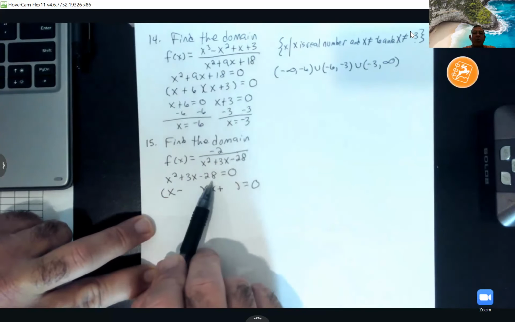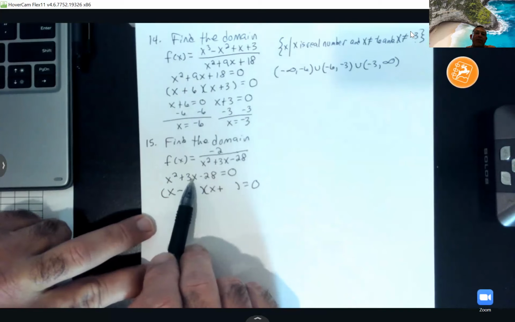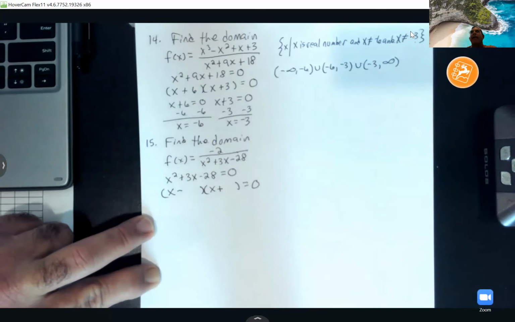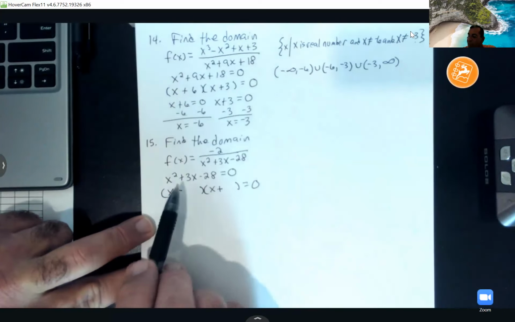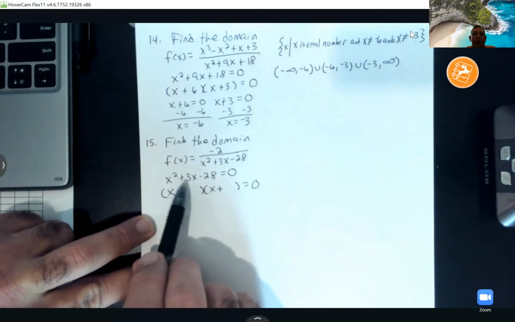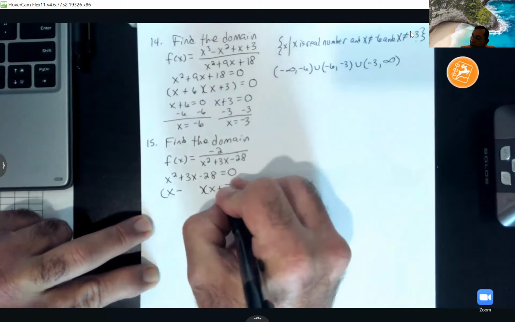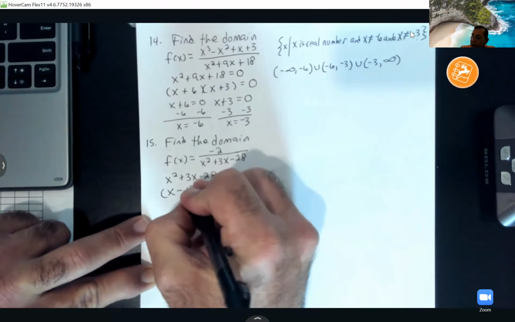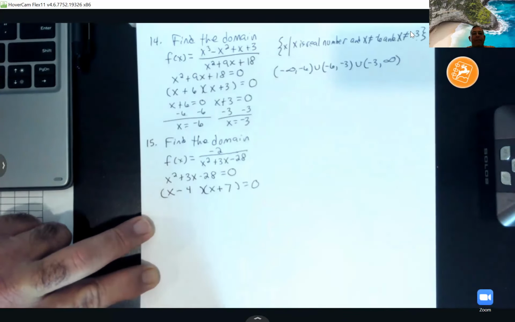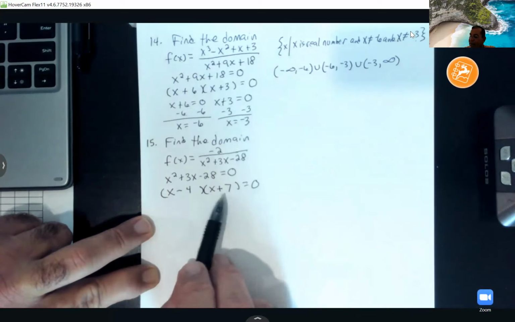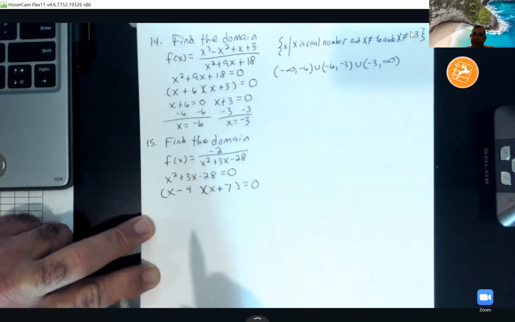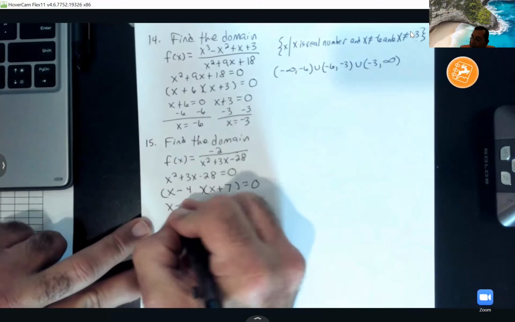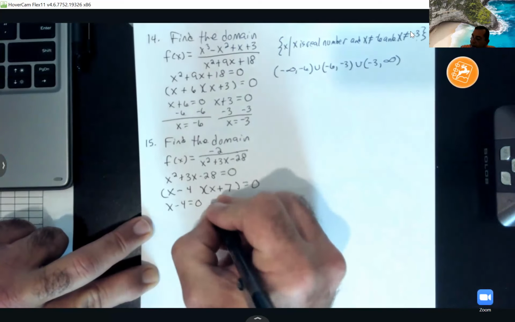So I want factors of 28 that will subtract and give me 3. That'll be 7 and 4. The larger number has to be positive like the middle. So 7 is larger, it'll be positive, and then the 4 will be negative. And if you add that, 7 minus 4 is 3. Now, finish solving this.